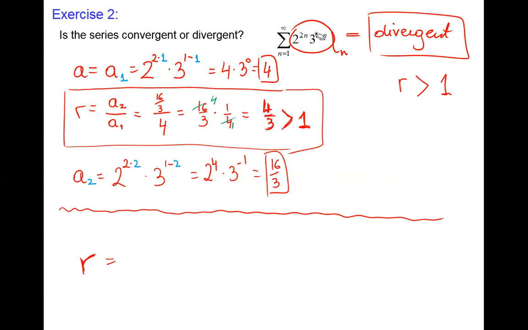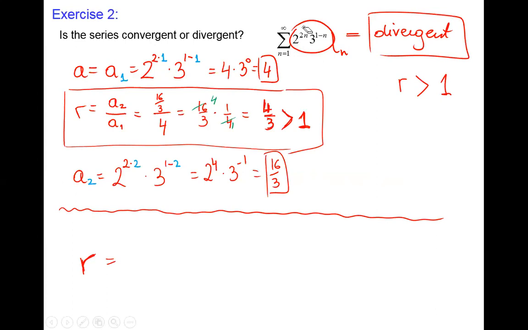Since we realize that this is a geometric series, all of the n's are placed in the exponent. How can I get the common ratio even faster? I am looking at this formula, 2 to the power of 2n, 3 to the power of 1 minus n, and taking only the numbers which are taken to the power of n.